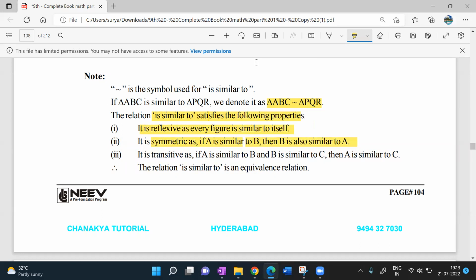Understand my point? And transitive: it is transitive as, if A is similar to B and B is similar to C, then A is similar to C.